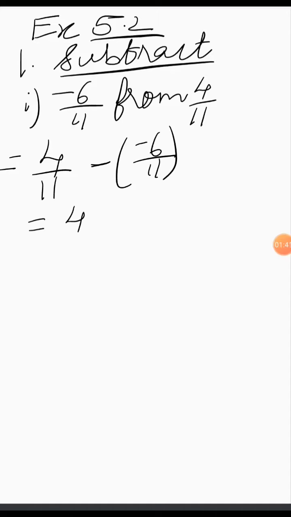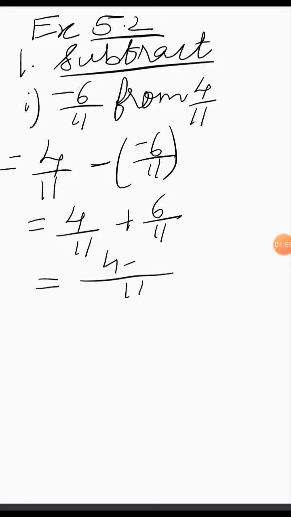And now just simplify. Minus into minus is plus 6 by 11. And now children, you can see the denominator is the same, so no need to find the LCM. 4 plus 6 is equal to 10 by 11. So in this way you can solve all the sums.